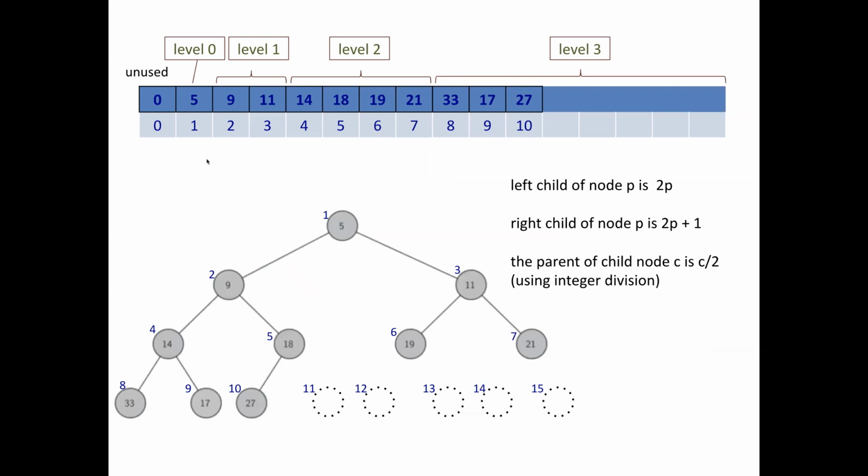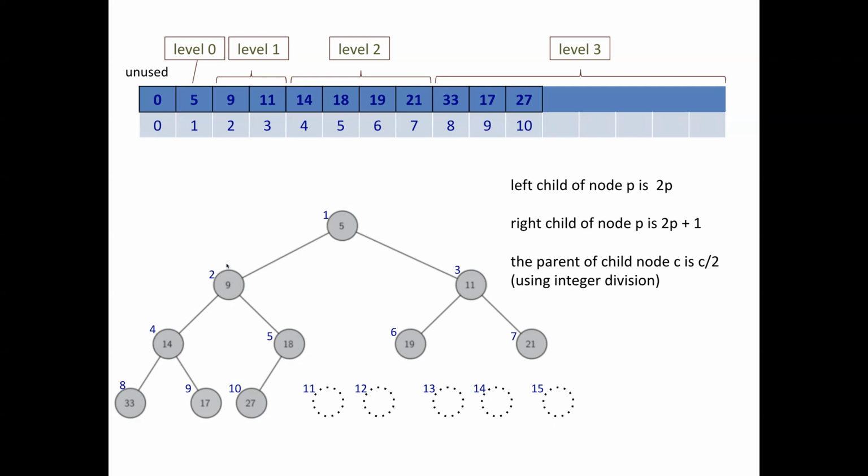You can discover that for any node P, the left child is in that list. So what's the index of the left child of that node? Given this index P, which is number 1, the children are at 2p or 2p plus 1.